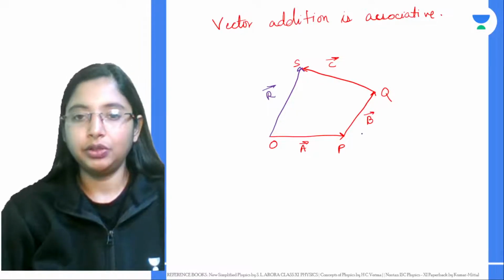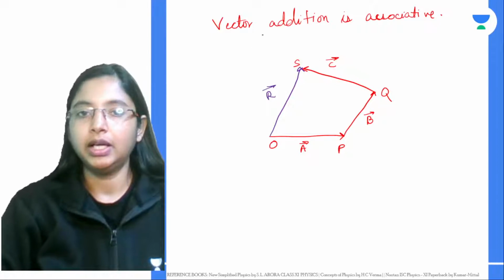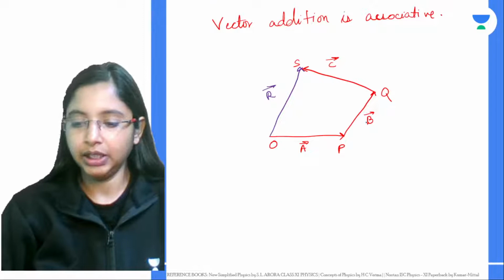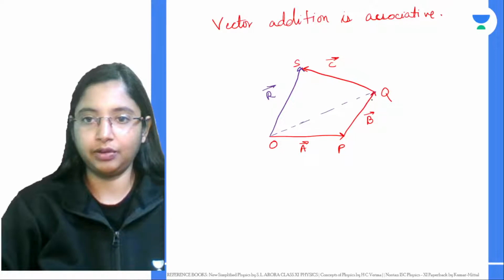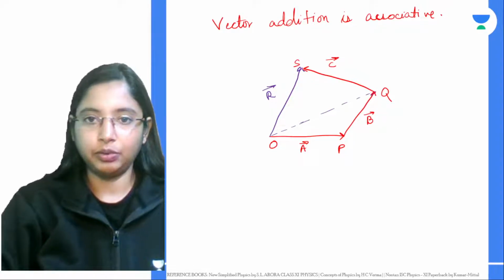Now we're going to use the triangular law of vector addition to prove in a polygon that vector addition is associative. So what we will do is resolve this. This is the start of a vector and there is the end of the vector. Between these we can draw a diagonal, and towards this side we can also draw a diagonal.